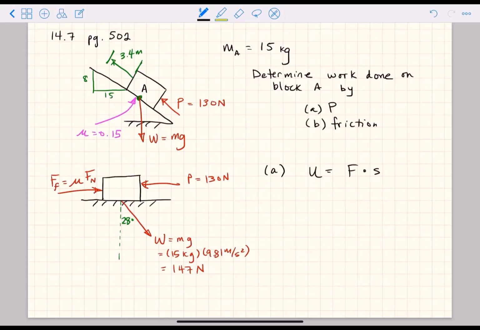But that force has to be parallel to the direction of motion, the displacement. And it is in this case. So that's why this one is straightforward, because we can just take our 130 newtons and multiply that by that distance, 3.4 meters. So U is equal to 442. You'd be left with newton meters, but remember a newton meter is a joule. Okay, so that's the answer for part A.